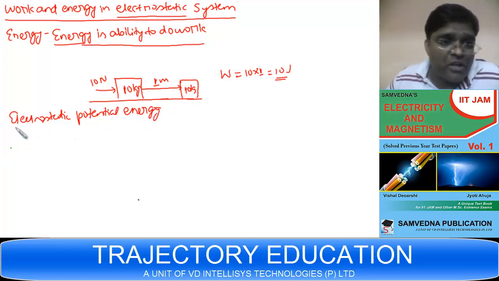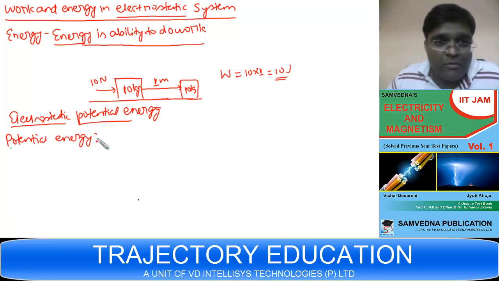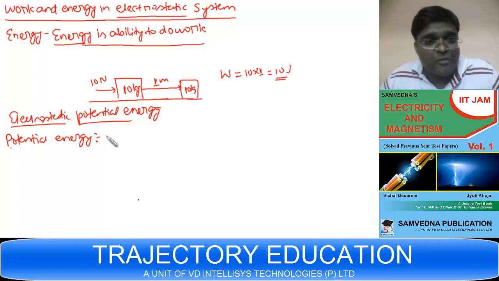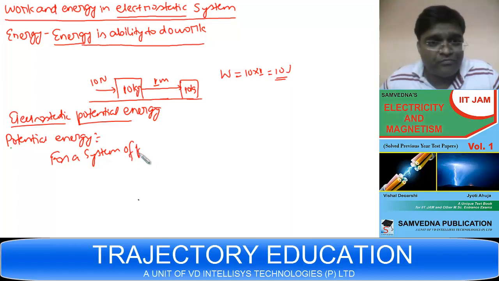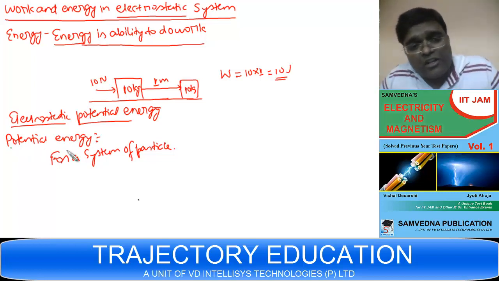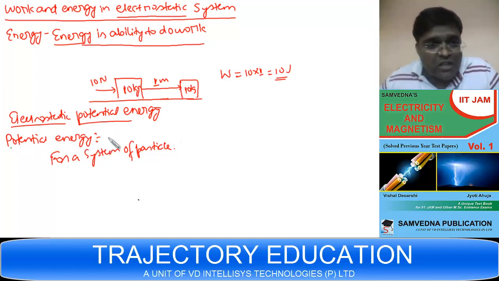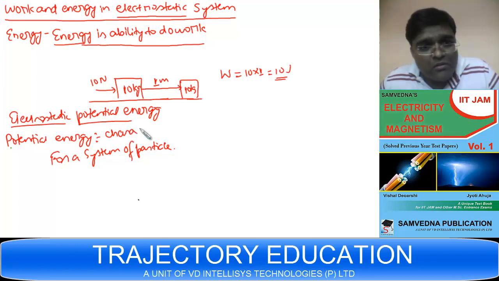Before I go into electrostatic potential energy, first let me discuss potential energy, how to find the potential energy for a system of particles. Potential energy characterizes one of the basic attributes of the system, that is, the configuration of a system.